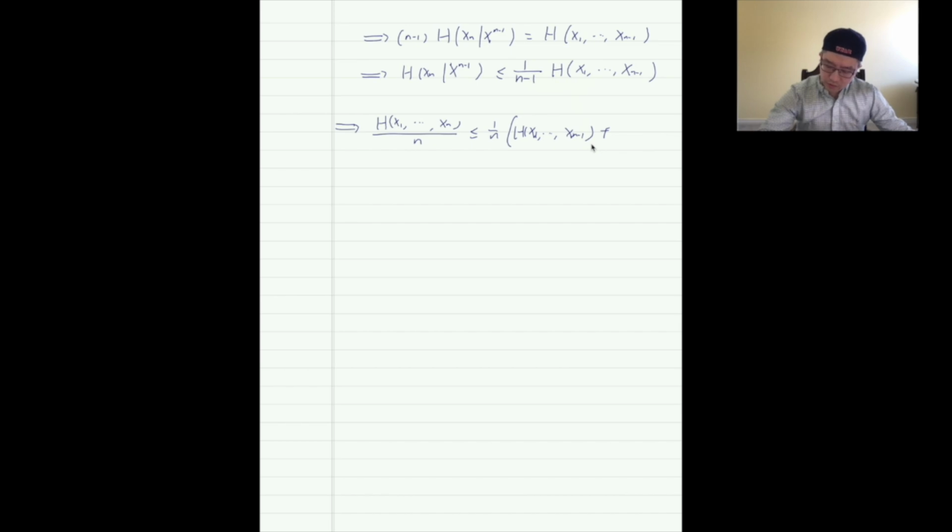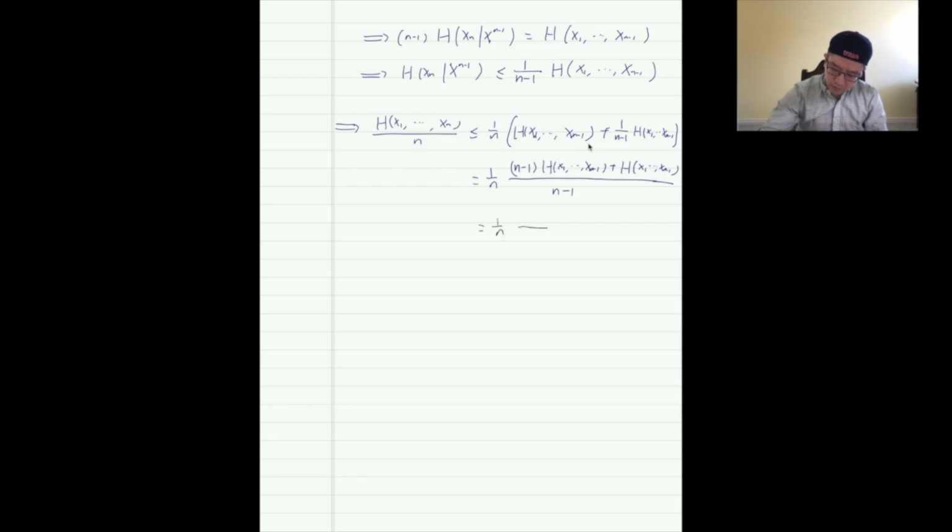That is 1 over n minus 1 times H(X1 till X_{n-1}). Let's compute: 1 over n, and then we have n minus 1 upstairs, times H(X1 till X_{n-1}) plus 1 times H(X1 till X_{n-1}).